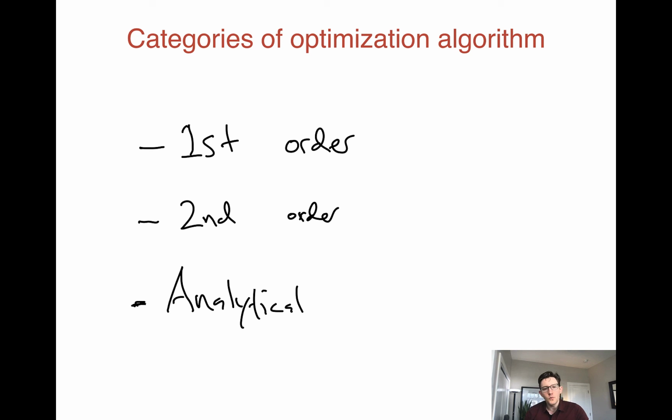But we may not be able to take the second derivative. We may not be able to analytically figure out what it is. That's common. Also, it can be so expensive to compute the second derivative that even though we would have to do fewer iterations if we run a second order optimization algorithm, they still end up being slower than first order optimization algorithms, because first order algorithms only involve computing the first derivative, and therefore each iteration is much faster.